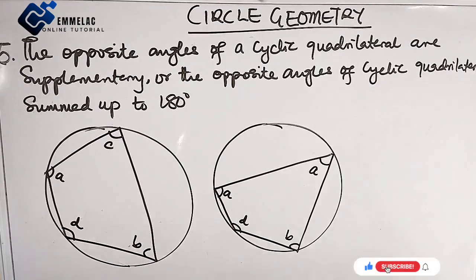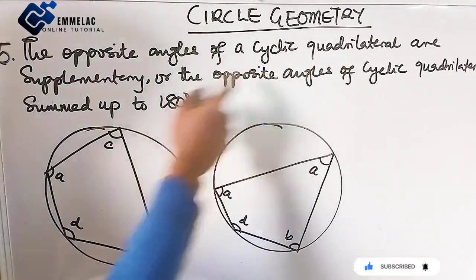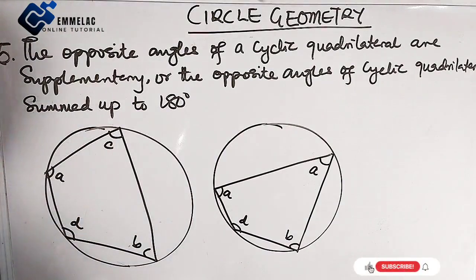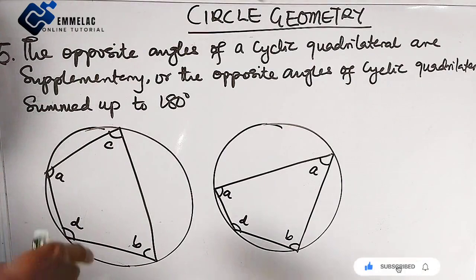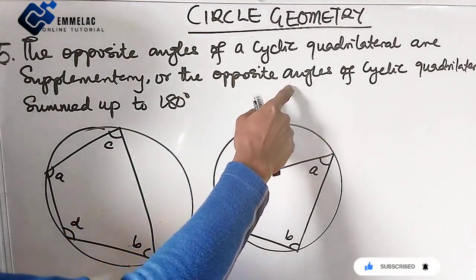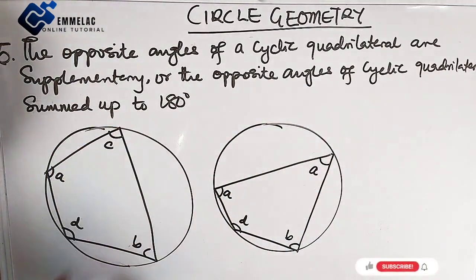All right, now for theorem 5: the opposite angles of a cyclic quadrilateral are supplementary. When we say supplementary, it means the angles involved must be equal to 180, or the opposite angles of a cyclic quadrilateral sum up to 180.